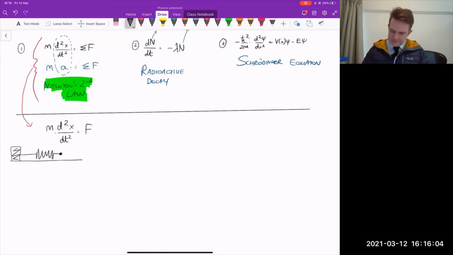So let's put a mass on the end of it. Now, what you should remember, or you might have come across, is that if you extend a spring by a distance x, if it obeys Hooke's law, then the restoring force is going to equal kx. So that's Hooke's law.